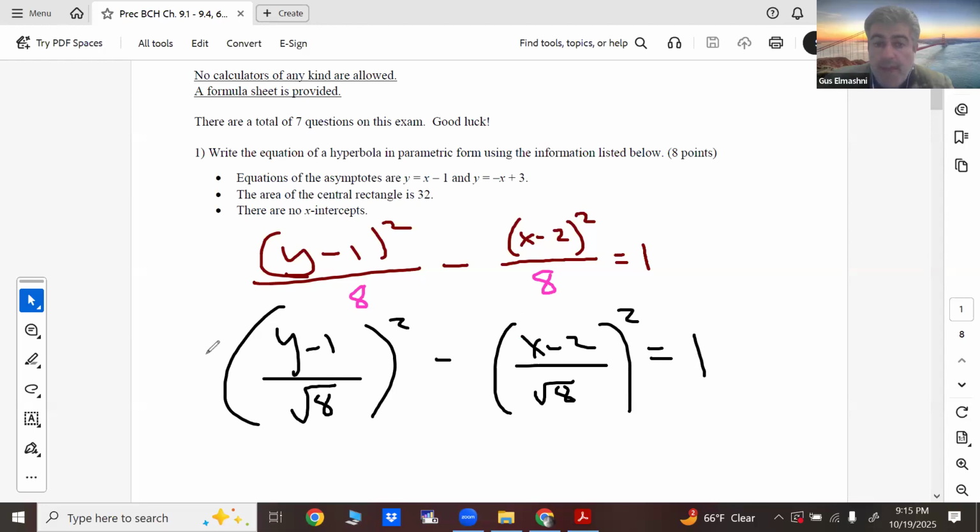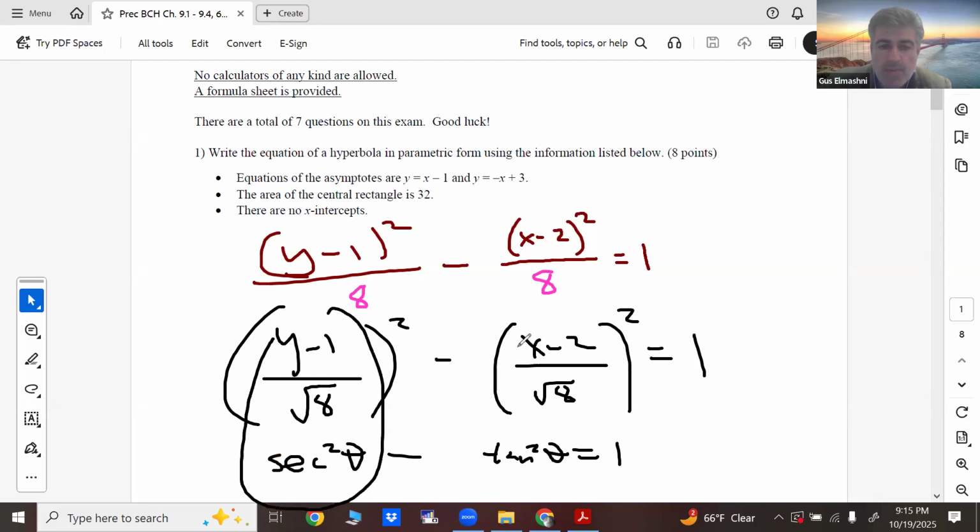So you can rewrite like that. And remember, we know that secant squared theta minus tan squared theta equals 1, because 1 plus tan squared is secant squared. And so you can set these equal to each other and just isolate x and y. That'll get you the answer.